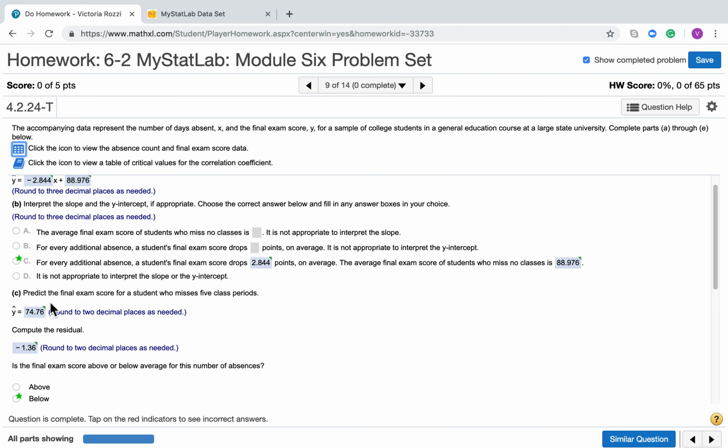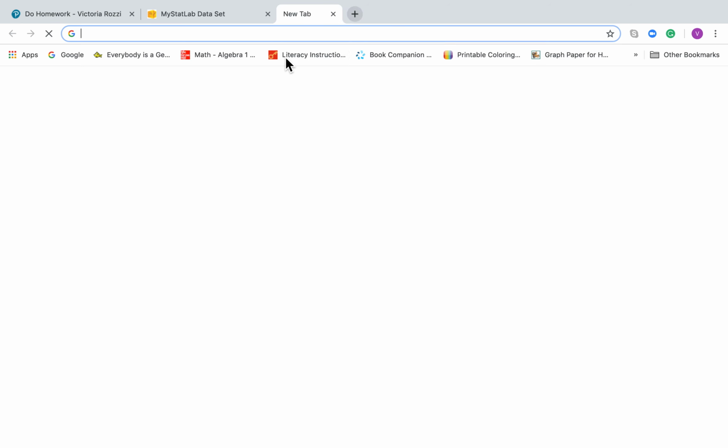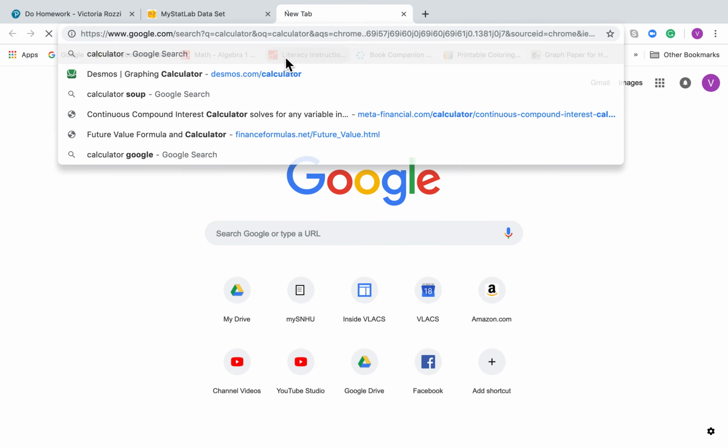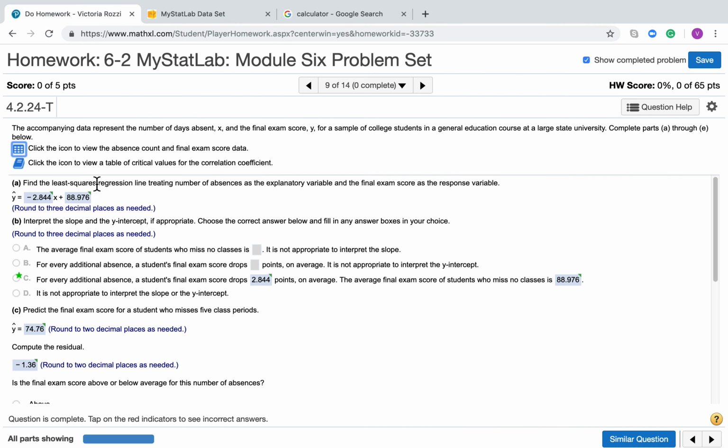Now the next thing, they want us to predict the final exam score for a student who misses 5 class periods. So what we're going to do here is we can just go to a regular calculator. I'm just going to go to this Google calculator, and we're going to take this equation here, negative 2.844, and we're going to multiply by 5 plus 88.976.